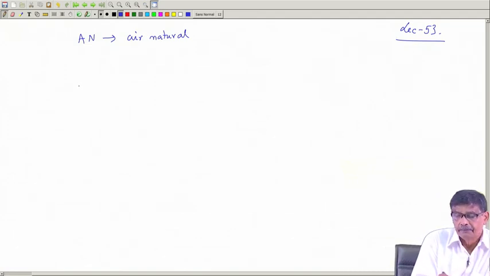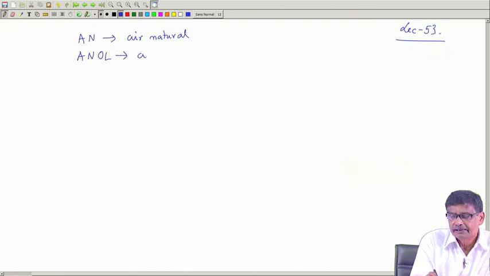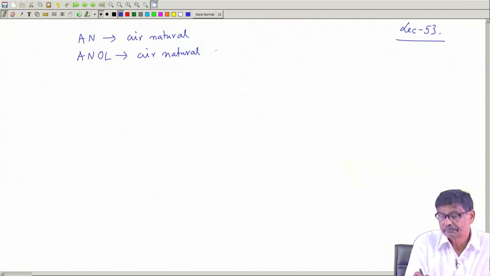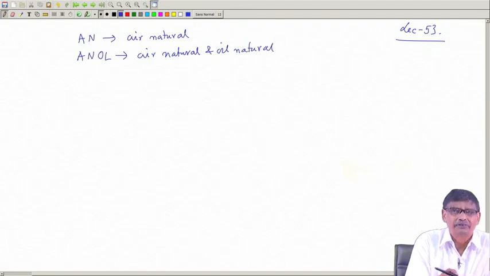There may be A N O N cooling, air natural and oil natural. There are a lot of combinations of this.